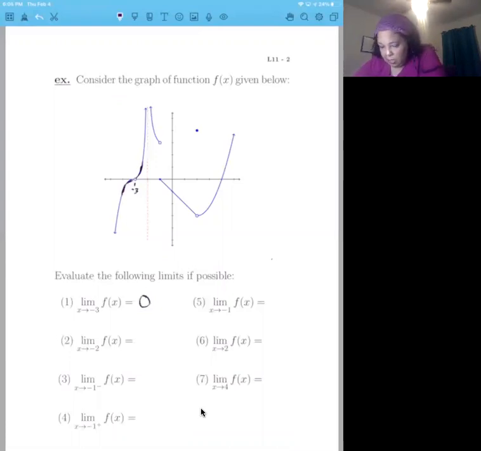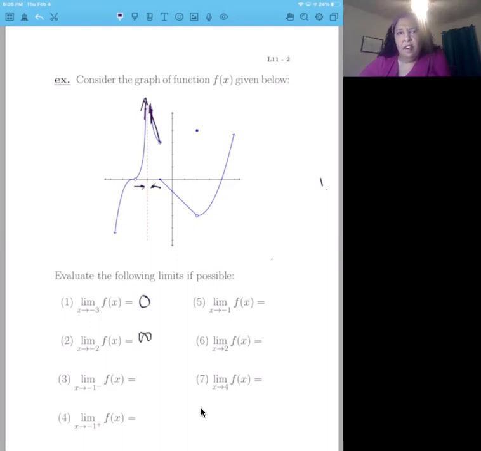Number 2, the limit as x goes to -2. That's where I have this asymptote here. If I'm looking as x goes to -2 from the left, it's going off to positive infinity. If I'm looking at -2 from the right, it's also going off to positive infinity. So the limit is infinity.